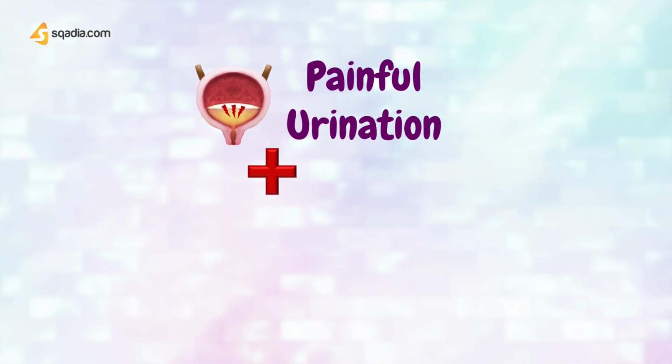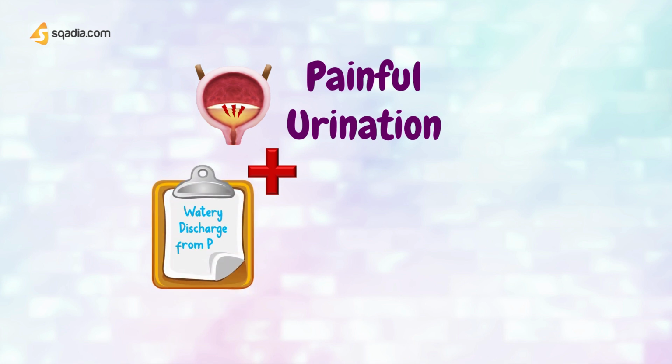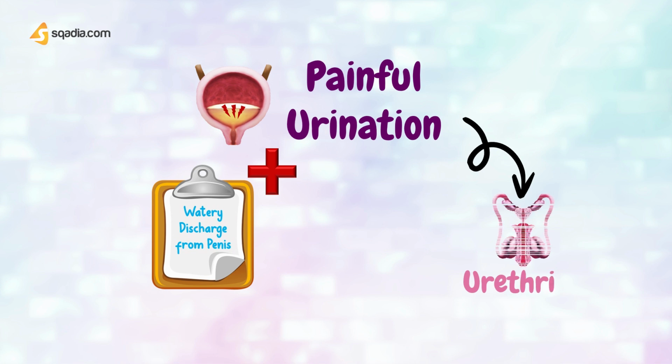If the patient has watery discharge from the penis, then they are suspected to have urethritis in men. It is inflammation in the urethra resulting from infection, such as by the bacteria that cause gonorrhea.